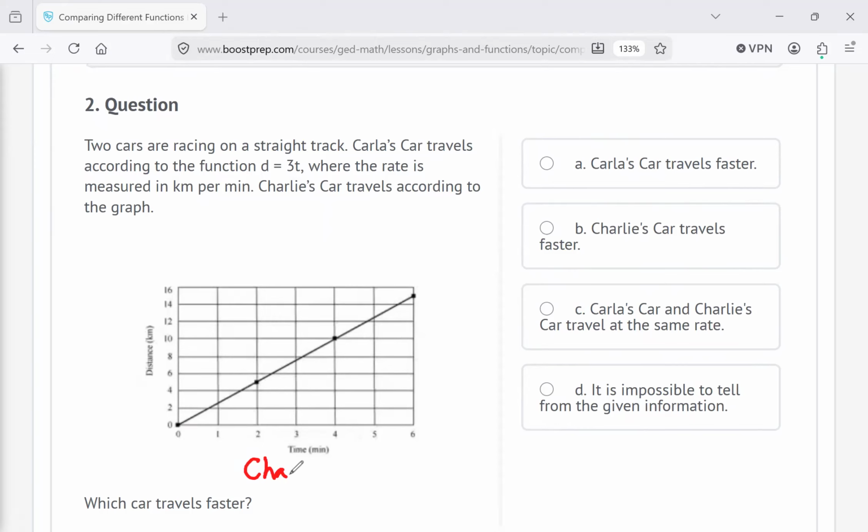This is Charlie's graph, and for Carla, distance equals 3 times t. What are they asking? They're asking which car travels faster?